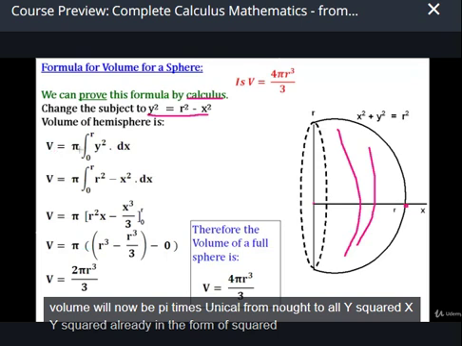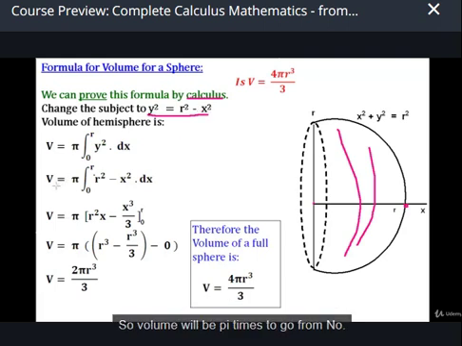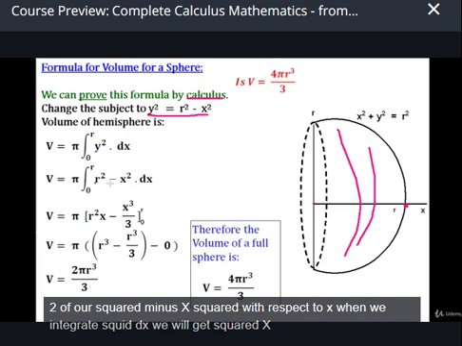Our volume will now be pi times the integral from 0 to r of y squared dx. Y squared is already in the form of r squared minus x squared. So our volume will be pi times the integral from 0 to r of r squared minus x squared with respect to x.